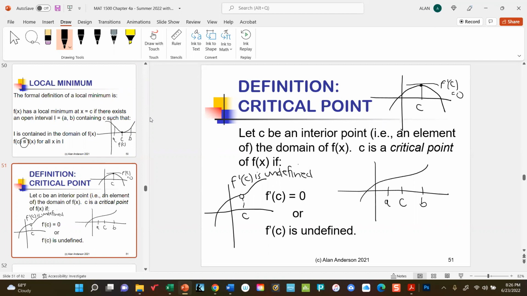Okay, either way, that C is known as a critical point.